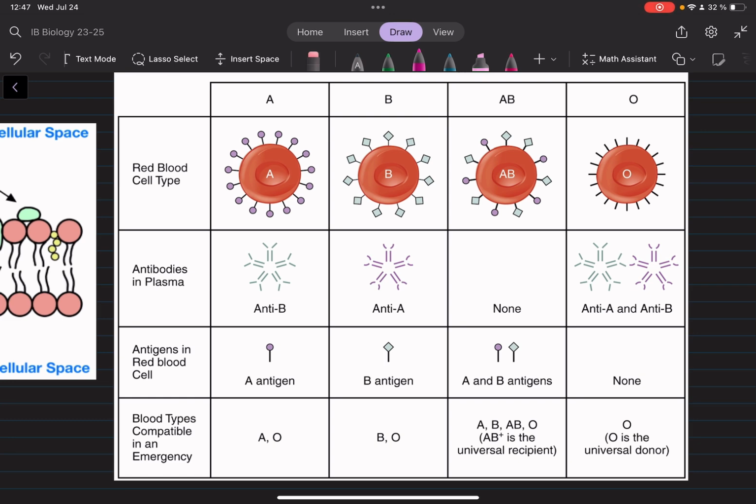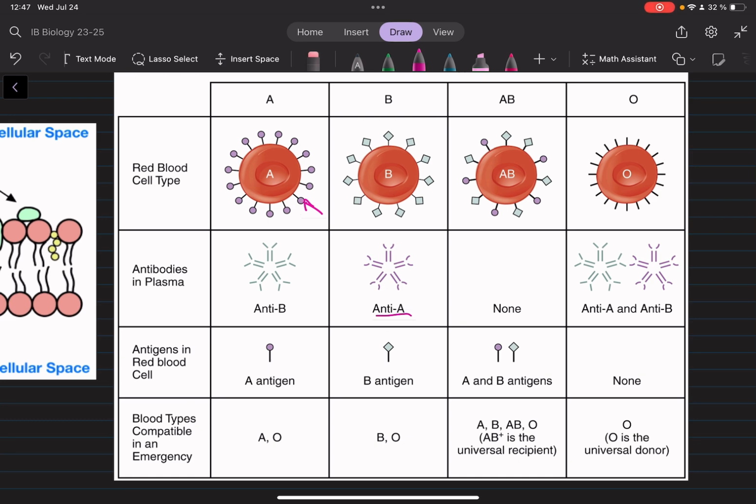So if I gave type B blood to a type A blood person, the antibodies that it produces, which is called anti-A, would be attacking the A antigens in the red blood cells, and vice versa.